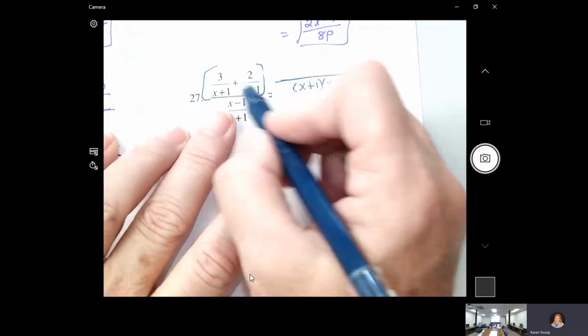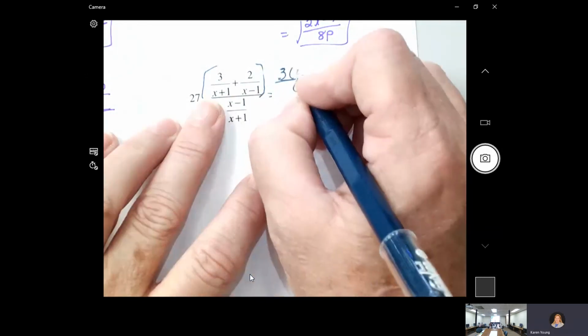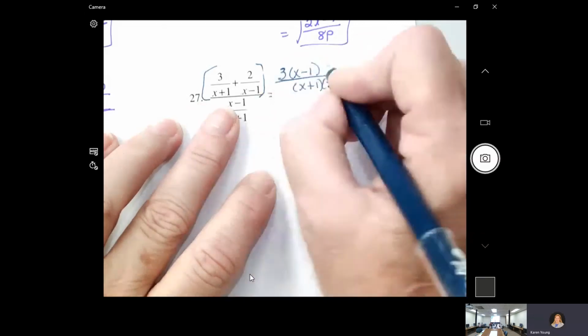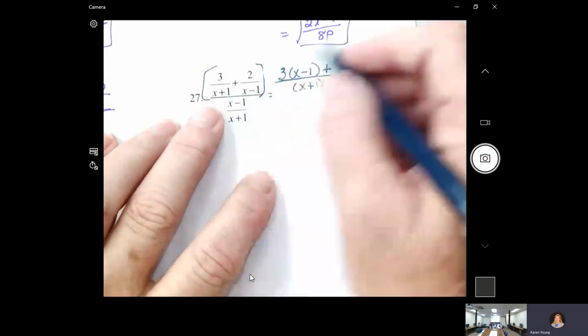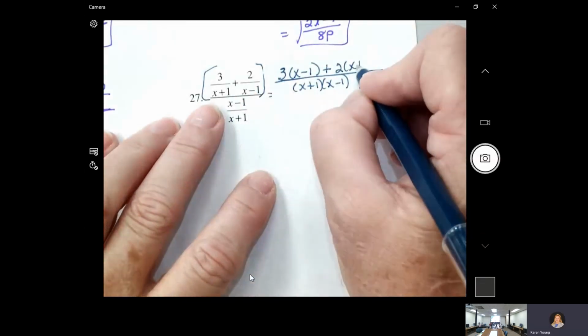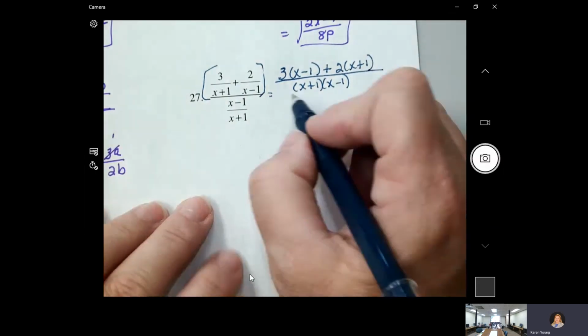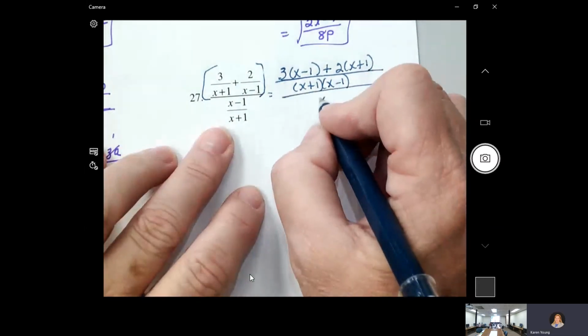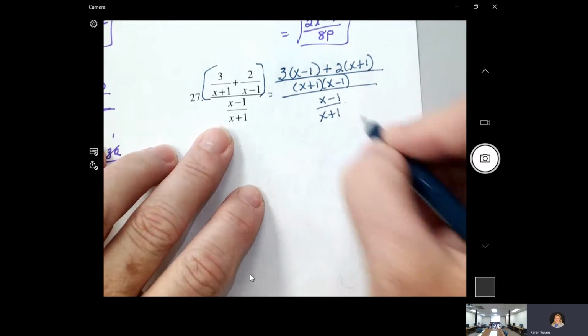And in my numerator, I'm going to go 3 times the x minus 1. It's plus, and then x plus 1 times 2, I'm going to do 2 times the x plus 1. I'm going to keep it over the x minus 1, x plus 1 on the bottom.